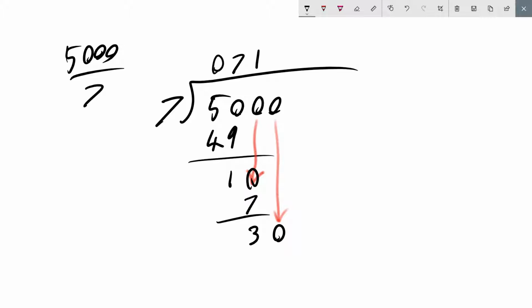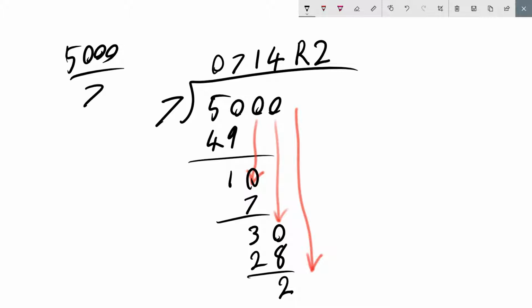How many times does 7 go into 30? It can go in 4 times. I wrote it up the top. 28. Subtract, 2. And now I don't have a number here to actually bring down. I don't have anything, so I stop and I can write remainder 2.